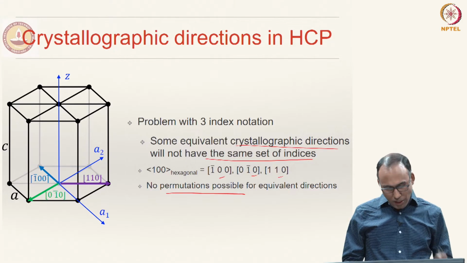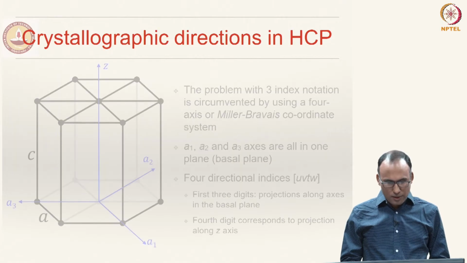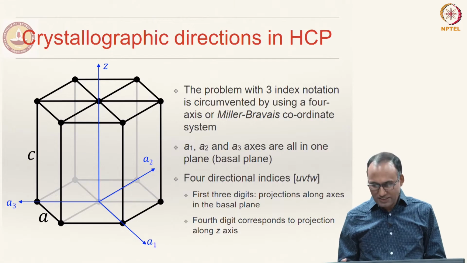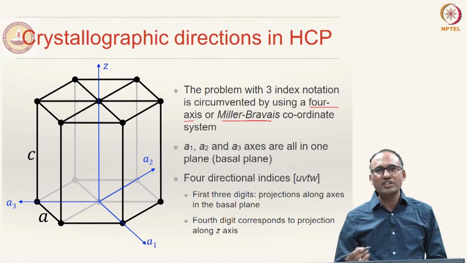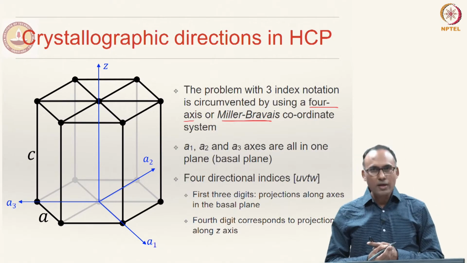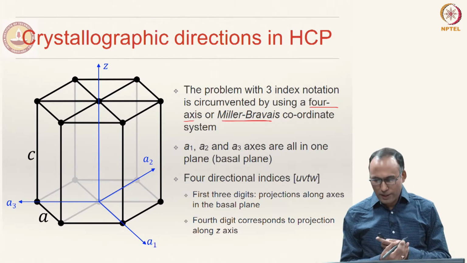Alright. So how do we circumvent this problem? How do we fix this problem? The problem with the 3 index notation is usually circumvented by a 4 axis or Miller-Bravais coordinate system. You have to make some modifications to your coordinate system. Instead of having 3 indices, you can now have a 4 axis system.